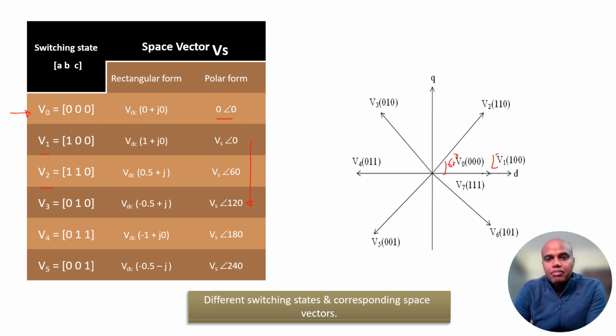having the same magnitude, and similarly V2 and V3 again they are apart by 60 degrees having the same magnitude, and similarly all the space vectors are spaced 60 degrees from each other. V3 and V4 again 60 degrees, and V4 to V5 again 60 degrees.